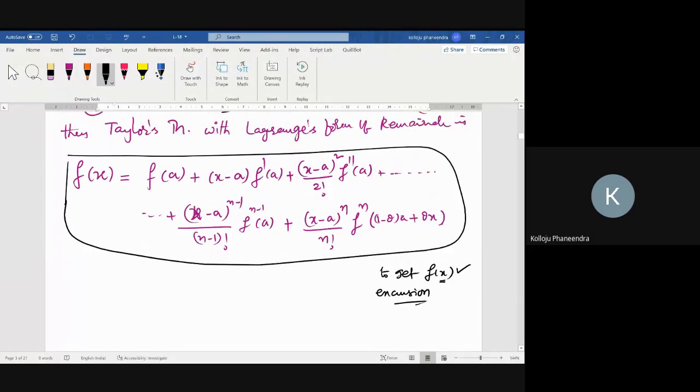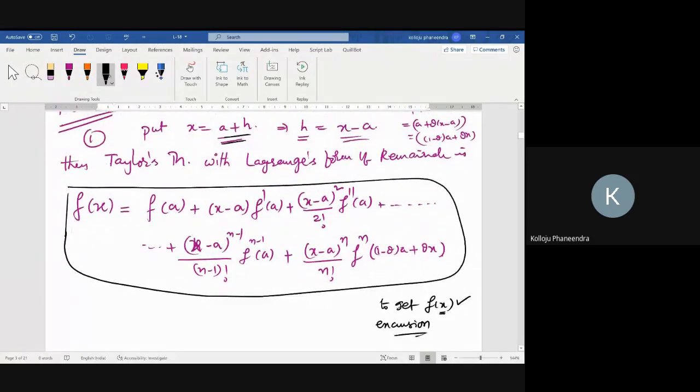This is called Taylor's theorem with Lagrange's form of remainder about the point x equal to a. About the point x equal to a, you will get the terms x minus a in the Taylor series. f of x equals f of a plus x minus a f dash a, plus x minus a whole square by factorial 2 f double dash a, and so on. This is the first point.